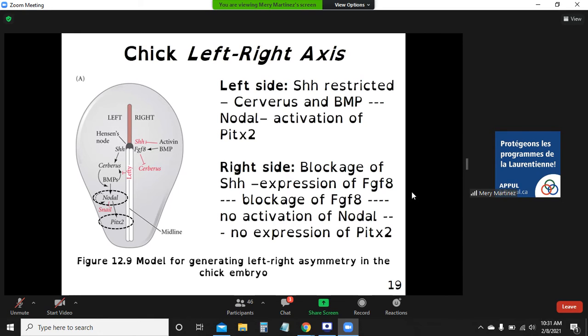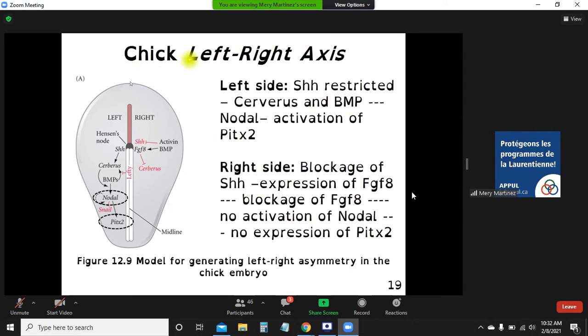As the primitive streak reaches its maximum length, so all the way up here, okay, Sonic hedgehog, which is a transcription factor gene, becomes restricted to the left side of the embryo, which is controlled by activin. Activin normally induces Cerberus here to induce the BMP to produce nodal and activate PITX2.